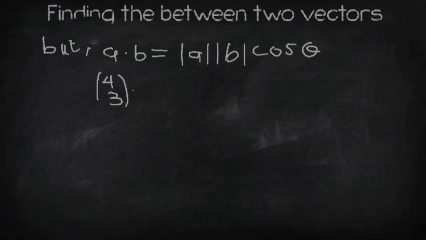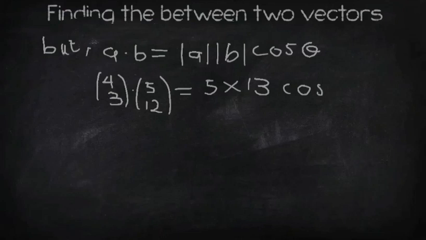So this is the component vector: (4, 3) dot (5, 12) is equal to 5 times 13, the absolute values that we found earlier.